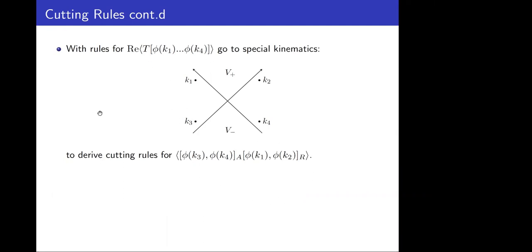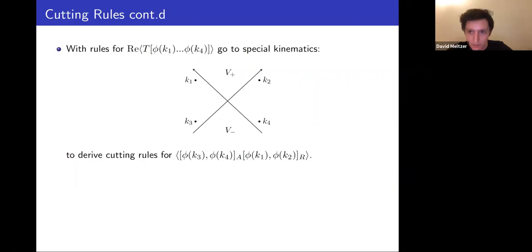Sorry, David, just to clarify something. I'm familiar with cutting rules in flat space only for on-shell amputated S matrices. But you said there is a very simple generalization of that to off-shell correlators. Yeah. Veltman in his 1973 paper, I think, explained how to derive the cutting rules directly at the level of the Feynman diagrams.